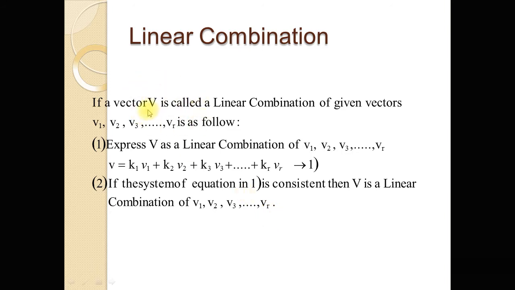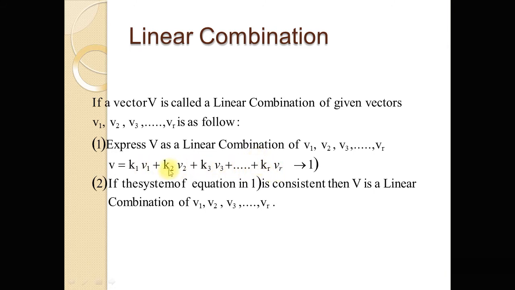So v is a linear combination of the given vectors if it can be expressed in the form k1 v1 plus k2 v2 plus k3 v3 and so on plus kr vr.